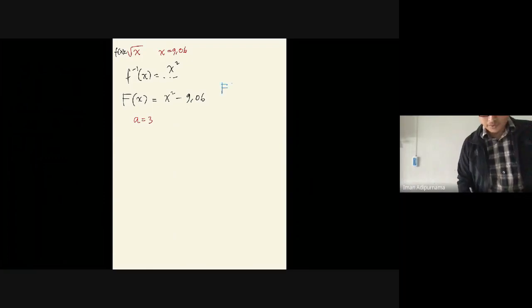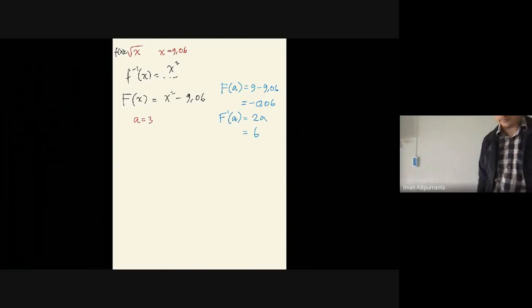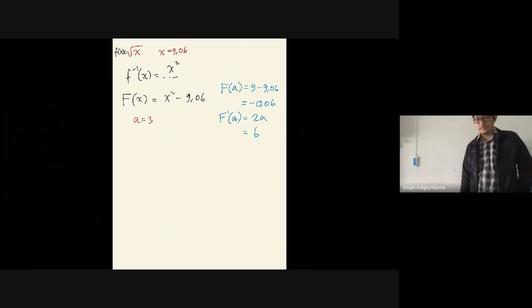And from here, f(a) when a is 3: plug in a, so 9 minus 9.06 is negative 0.06. And f prime of a is just 2x, so 2a, which is 2 times 3, that is 6.